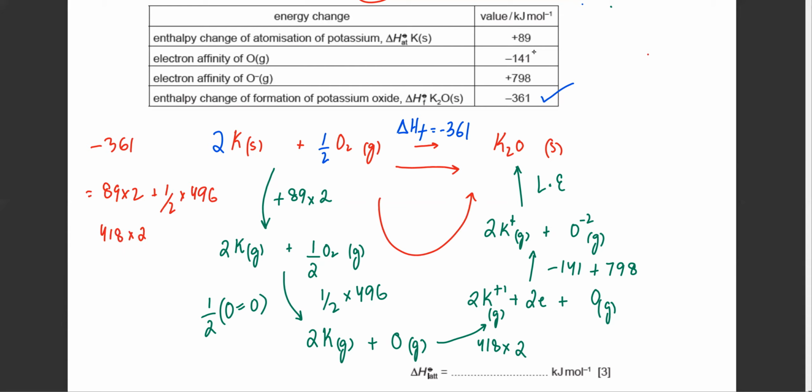Then it's going to be minus 141 plus 798. And then it's going to be plus lattice energy. Okay, all of this. Can anyone do the calculation? Tell me, if you make lattice energy the subject of the equation, what is the value that you're going to get?